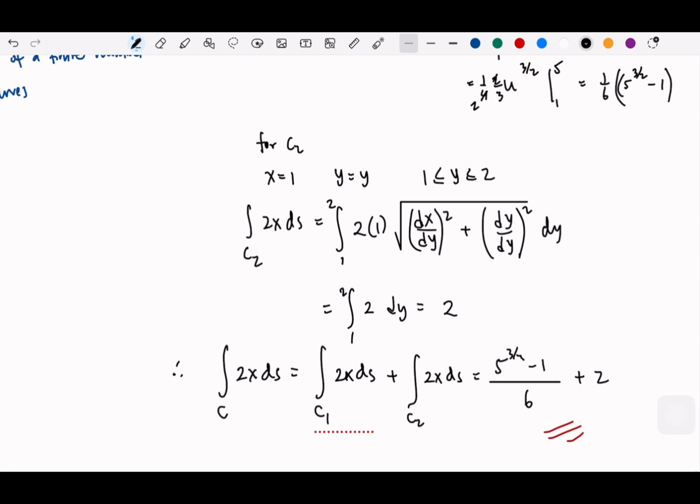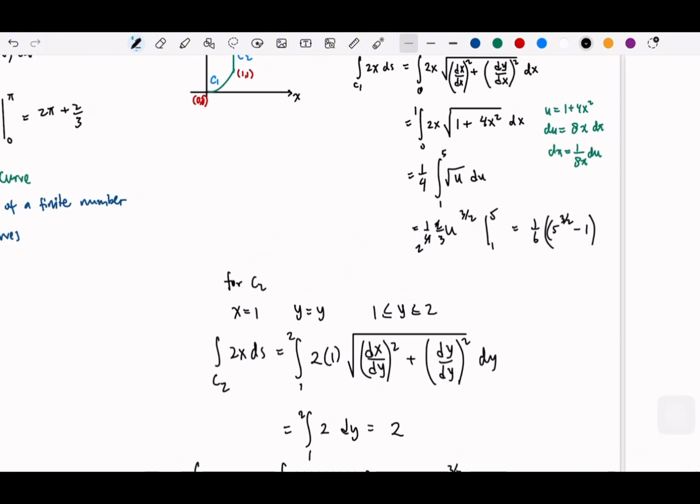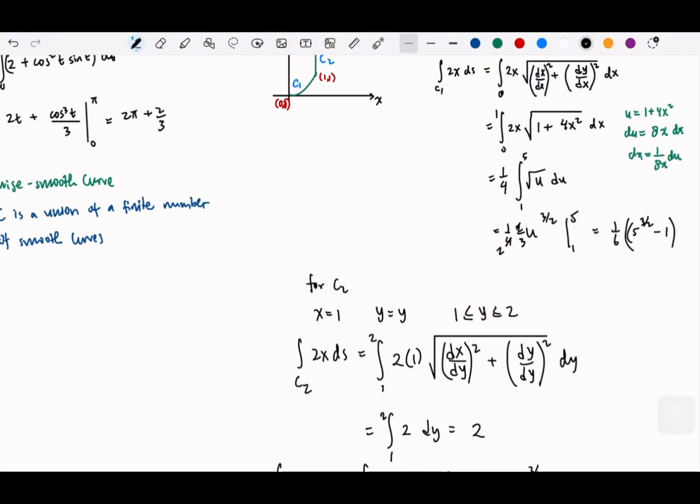Basically, the ds, the arc length, we can take it directly with x or y, depending on the conditions or the functions. Now if you see what we have here, basically we can take the ds into dx or into dy. And so we can have some simple approach.